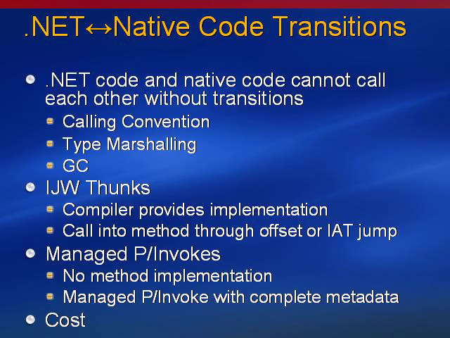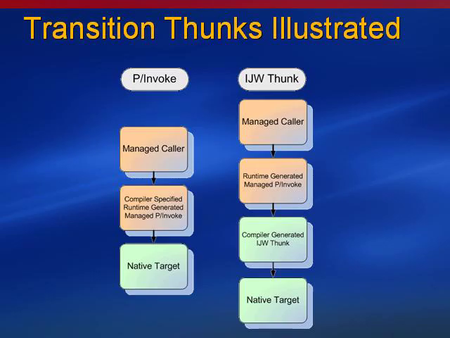In the real world, on x86 you're looking at more like 50 to 300 cycles to get a transition done. So they are expensive, and that's one thing you have to keep in mind when you're doing a migration path from your existing code to using some of the .NET APIs: make sure that your managed to native interfaces aren't too chatty. We'll discuss that a little bit more later on, and also in the other talk that I'll be having on Wednesday.